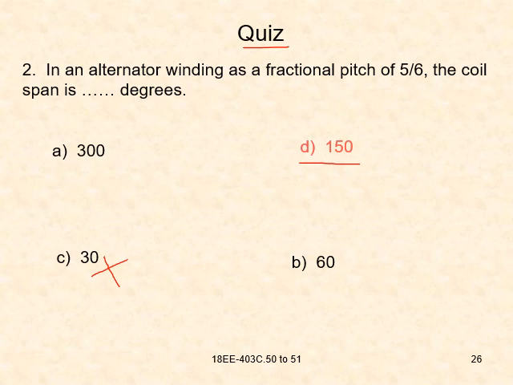Coil span, not the angle. Actually it's 30, but he is asking us the span, not the angle. So 180 minus 30 gets us 150. That will be the span. And short pitched by is 30 degrees.